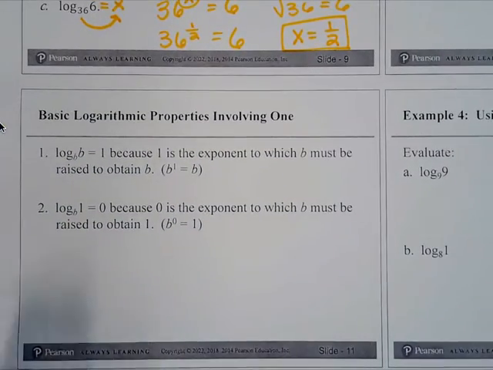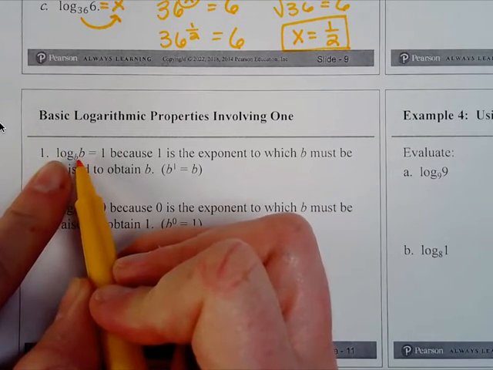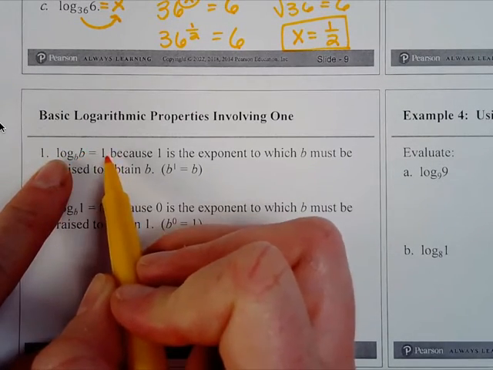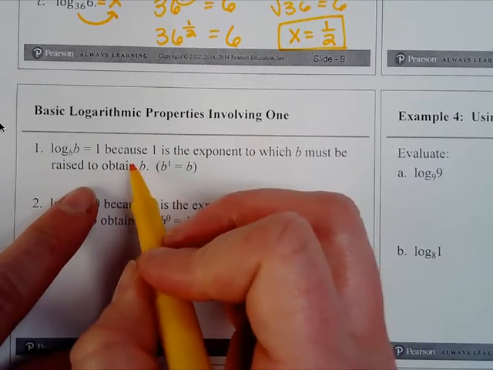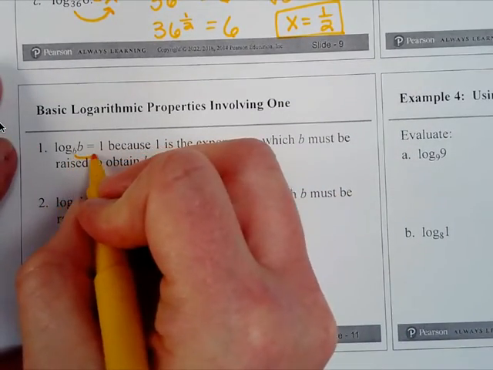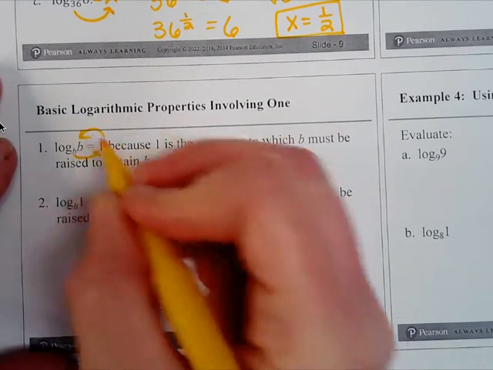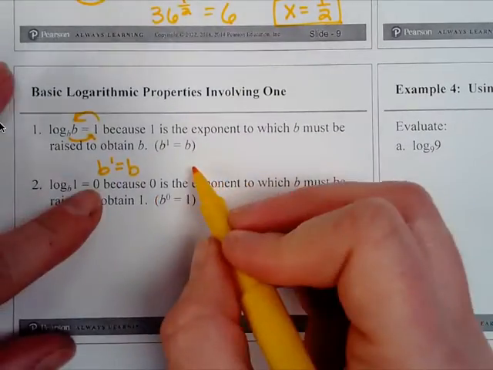Okay, there are certain properties that we can use. So look at how this has log base b of b. It equals 1. b must be raised by b to get b. So if you look at it, b to the first power equals b, right? So then it just equals 1.